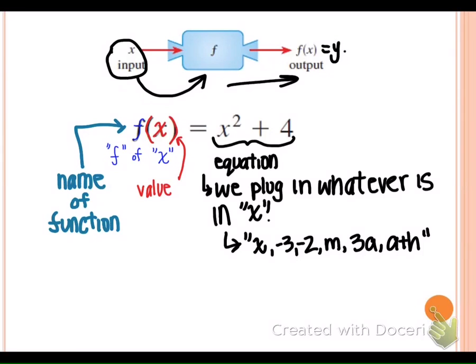This is also referred to as our output. Whatever we plug in and whatever it generates for us, we want to be able to simplify it out. That provides us an output value. Okay.